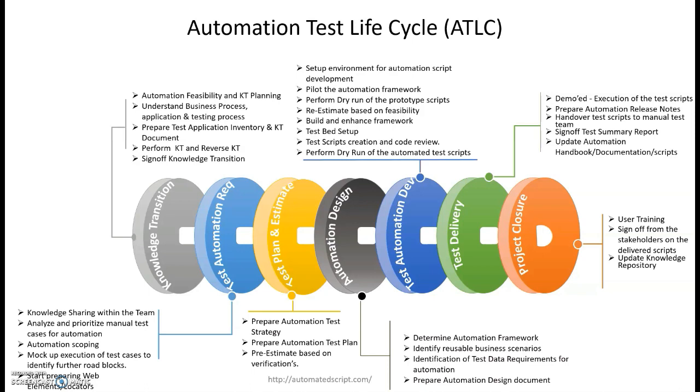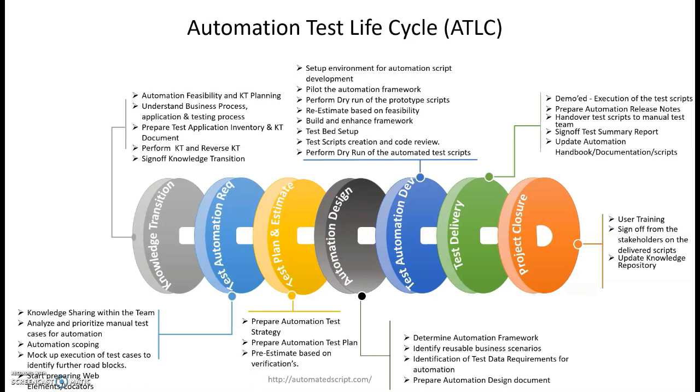Test automation is applied within a structured sequence of testing processes that has all the stages of the lifecycle, with additional phases for test preparation and automation implementation. This entire process is known as the automation testing lifecycle.